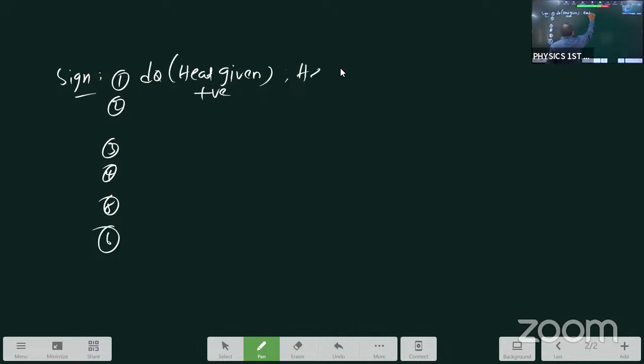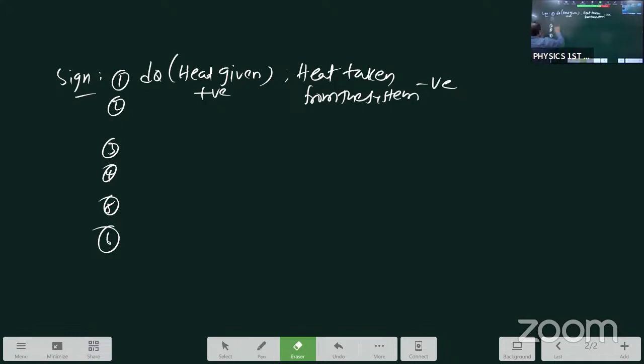Heat taken from the system is negative. Heat given means positive, heat taken means negative. This is the sign convention, student.